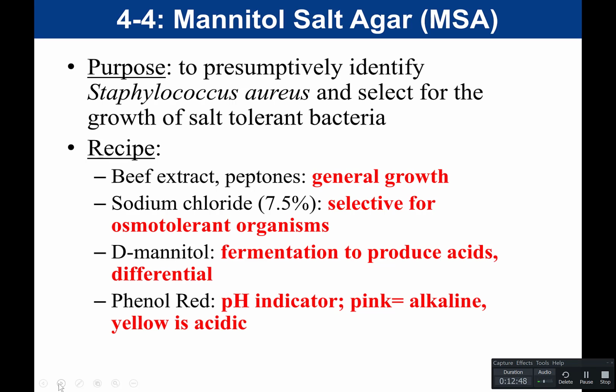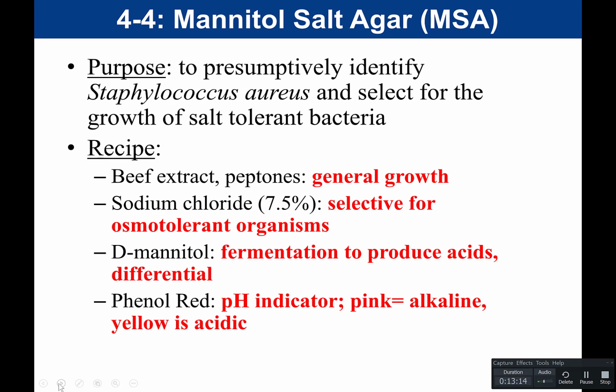And that's because that ingredient is selective for osmotolerant organisms. Skin bacteria, remember, is going to be osmotolerant. So it's trying to allow for those skin type bacteria to grow, because remember, we're trying to identify Staph aureus, and Staph aureus should be osmotolerant. So we have high salt, which is selective for osmotolerant organisms.